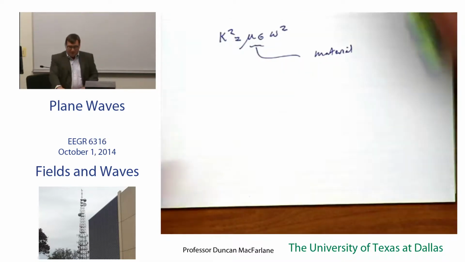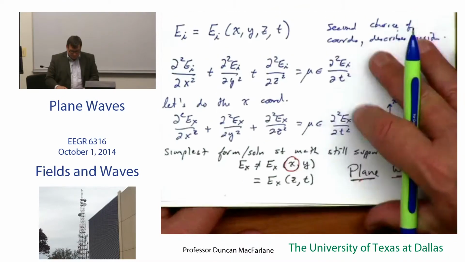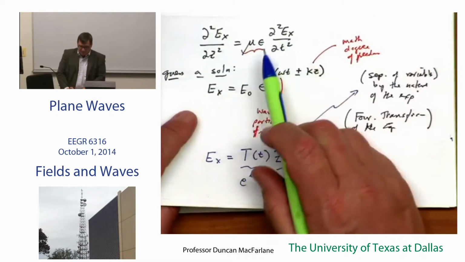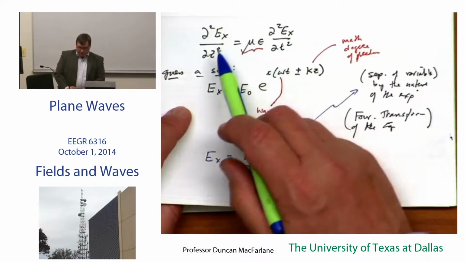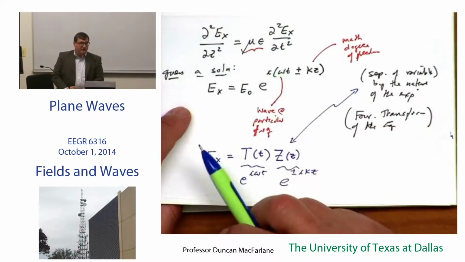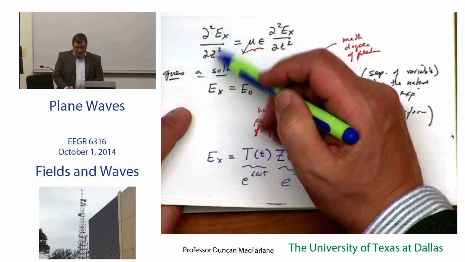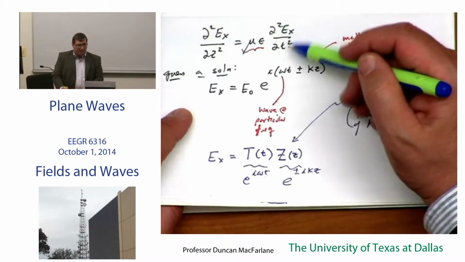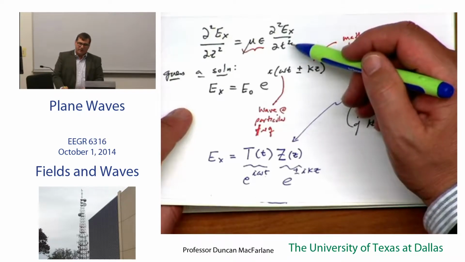Okay? The meaning of that number comes back from the wave equation, where we take a look at this product here, and we see a shift, a change, a second derivative change in z balanced by a second derivative change in t.